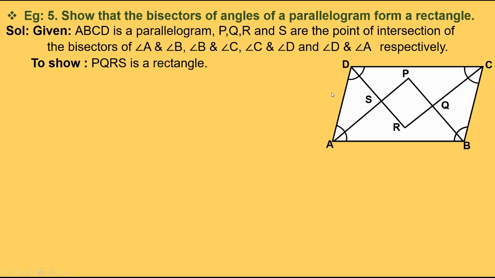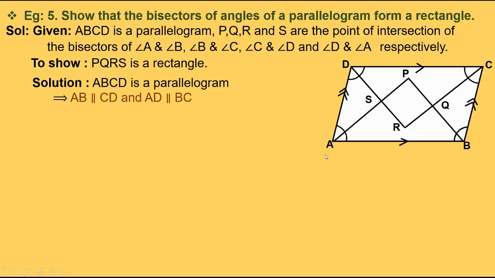ABCD is a parallelogram. This implies AB is parallel to CD and AD is parallel to BC. Now AB is parallel to CD and AD is the transversal. Therefore, angle A plus angle D is equal to 180 degrees, since allied angles are supplementary.